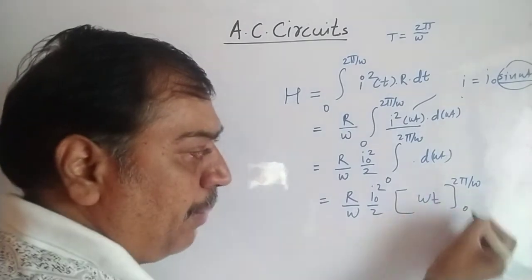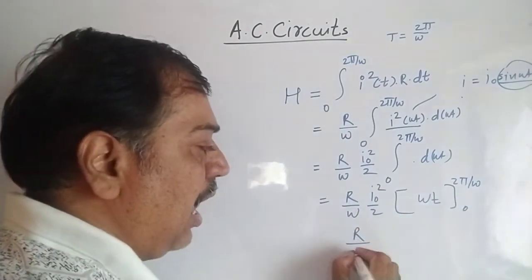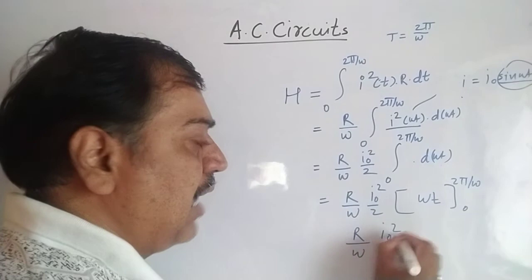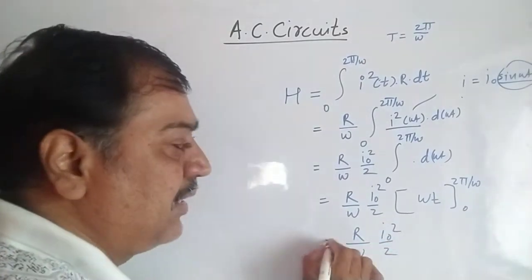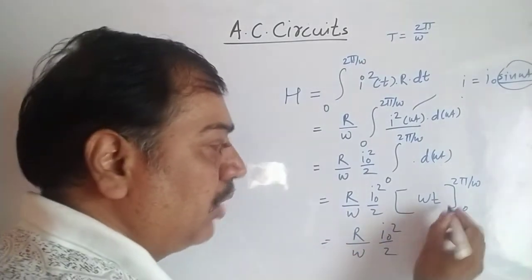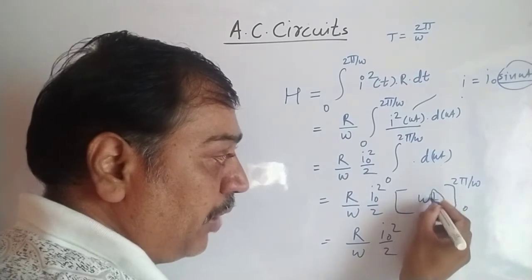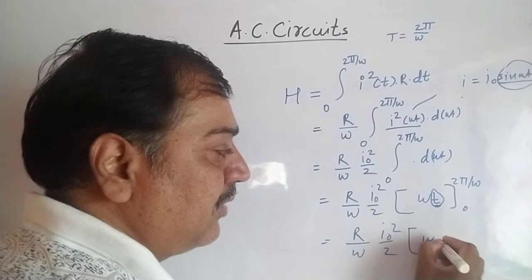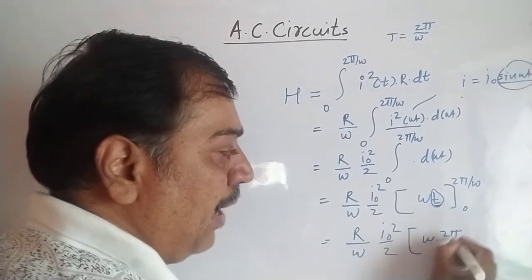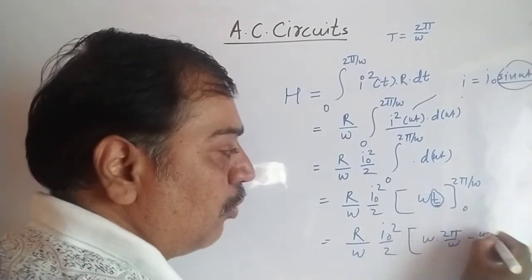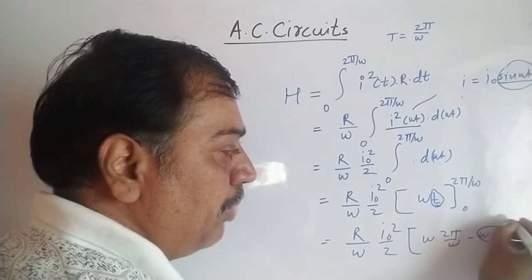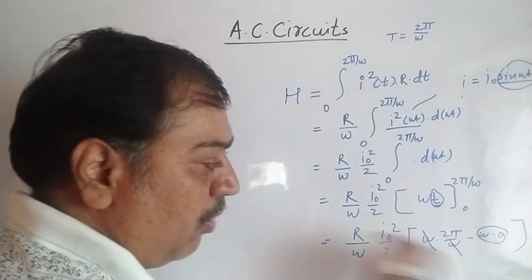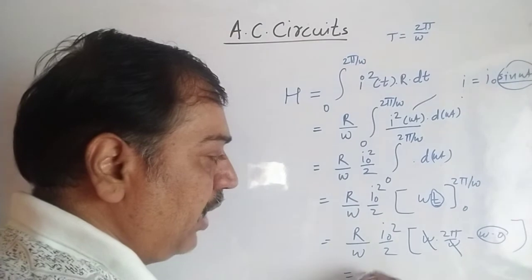Upper limit minus lower limit: omega as it is, t means 2 pi by omega, minus omega into 0. This term will be 0, and this omega cancels out.